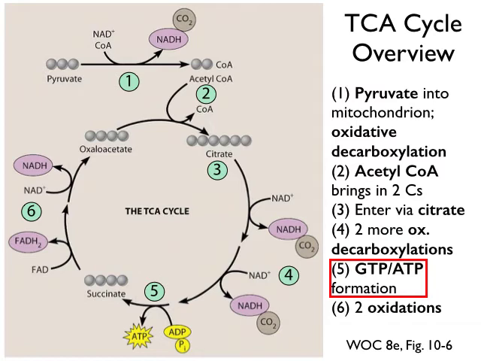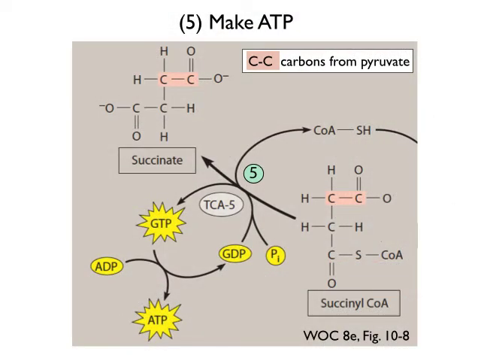Now let's go on and look at step 5 at the very bottom of this diagram. This is the one place in the cycle where we actually get a little bit of ATP out. So we take the succinyl coenzyme A, as you see in the lower right in this diagram, and we're going to take that molecule and transfer that thioester bond away from coenzyme A to liberate succinic acid.